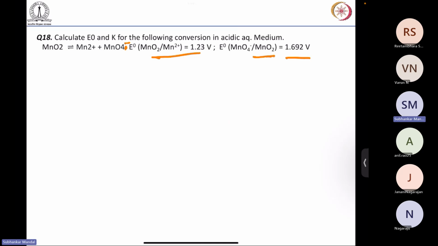Okay, so what is the cell potential E naught? I can write these two equations. Which one will be the anode? MnO2, that is solid, plus water gives MnO4 minus plus H plus and 3 electrons. If I balance this, it will be 4. It is given 1.69.